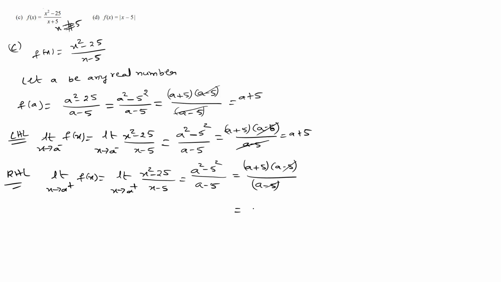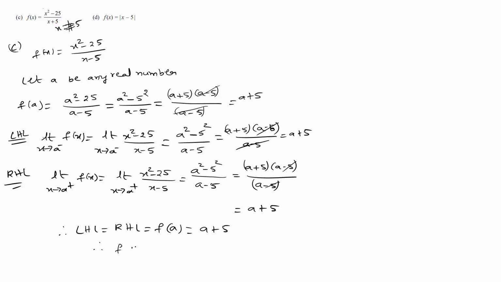The a minus 5 gets cancelled, and only a plus 5 remains. Therefore, the left hand limit is equal to RHL is equal to f of a, which is equal to a plus 5.